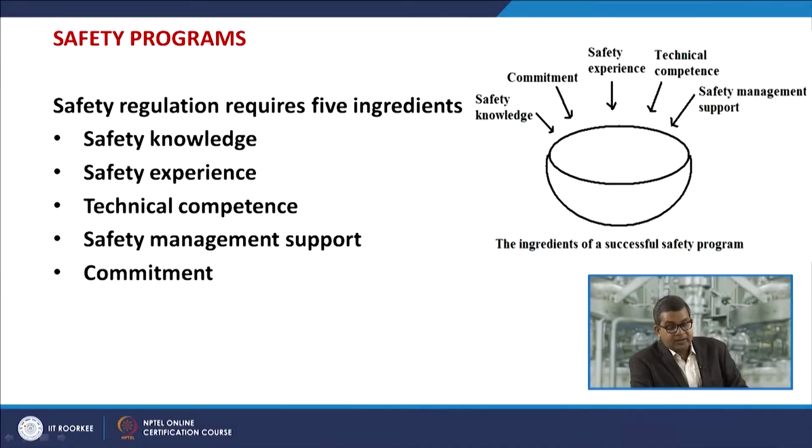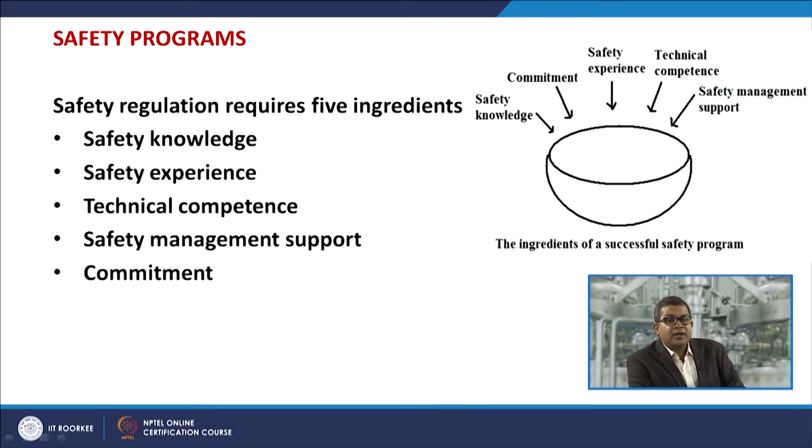Now, as far as the safety programs are concerned, because this is again a very important thing, it is usually called a cup of tea with 5 different ingredients. These ingredients are safety knowledge, safety experience, technical competency, safety management and support, and commitment.